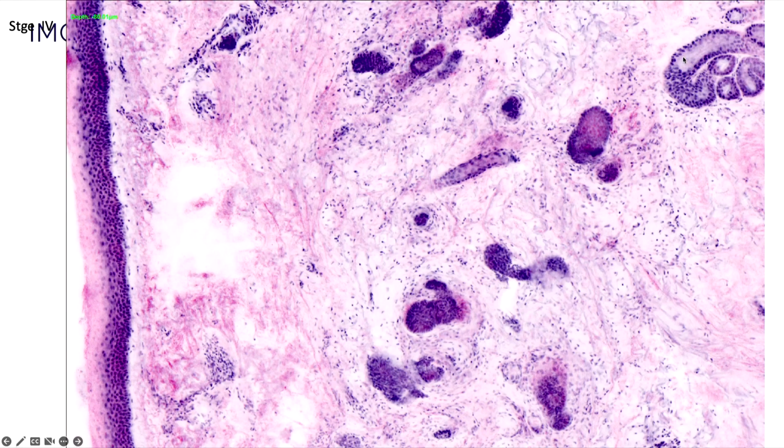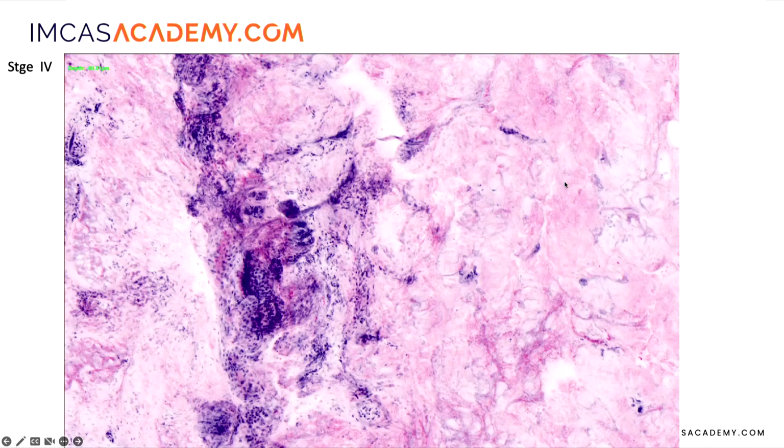We can see the detail here. Here we can see the lumen inside, and here there's no lumen. Can you recognize them? All the nuclei are crowded. So this is, and you have the palisading here, clefting. So this is tumor. Here, the clefting, palisading, stromal reaction around tumoral islands beyond the acrine ducts.